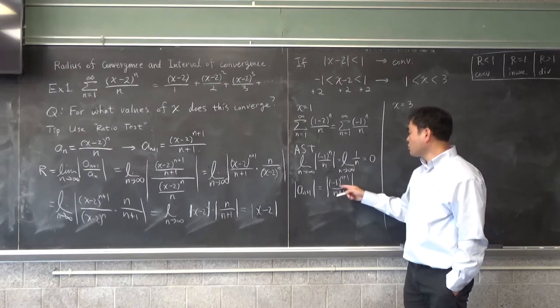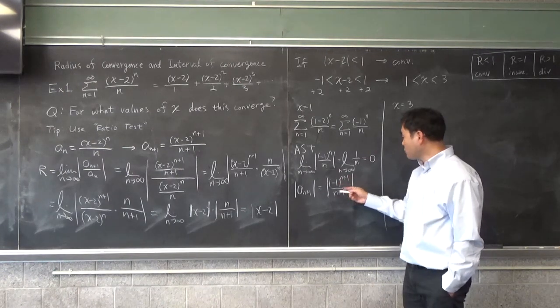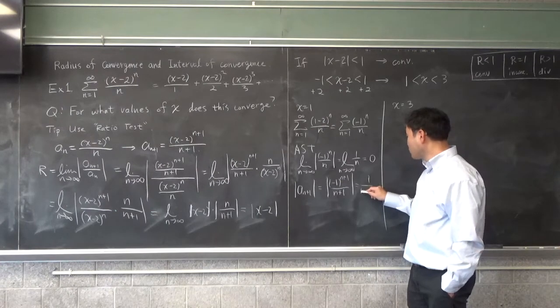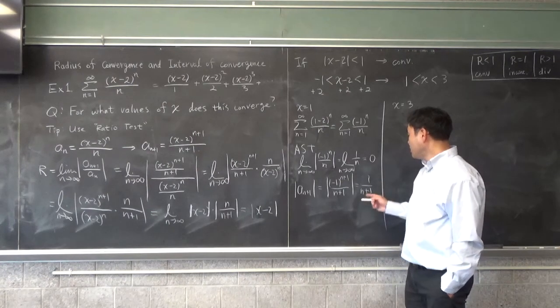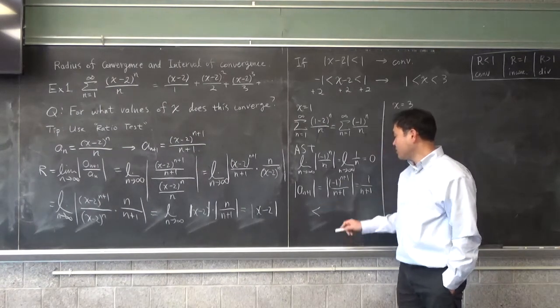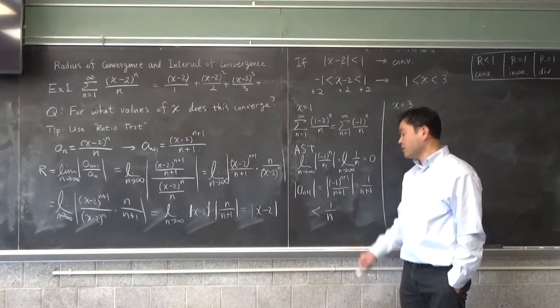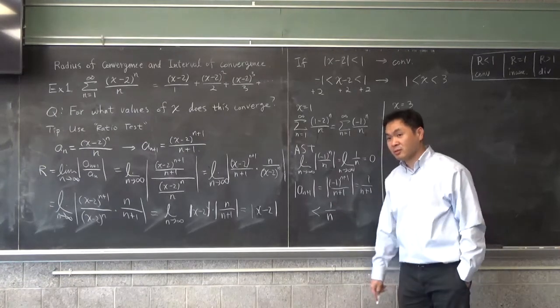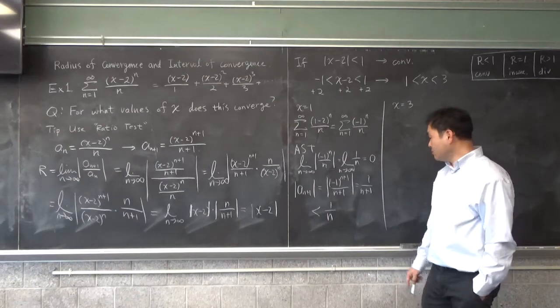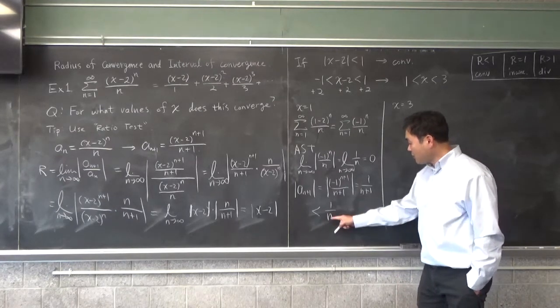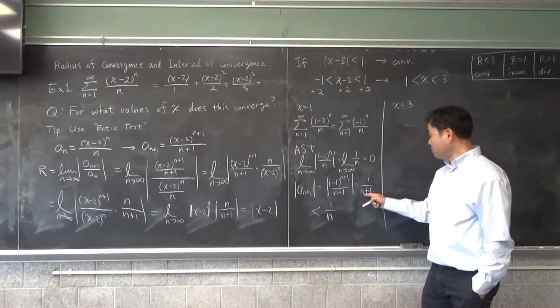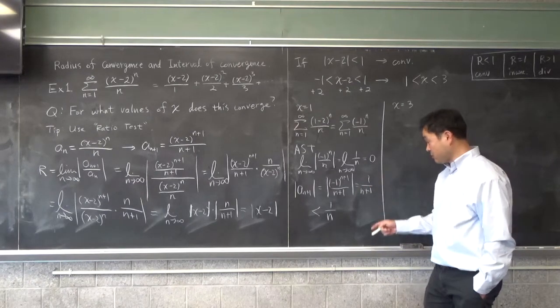And absolute values don't care about negative 1 to any power, so this is the same thing as just 1 over n plus 1. Now, this would be less than 1 over n. Why is this less than 1 over n? The denominator is smaller here, right? Bigger the denominator, the smaller the fraction.